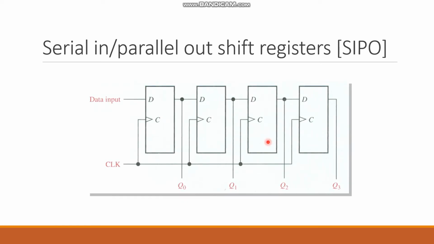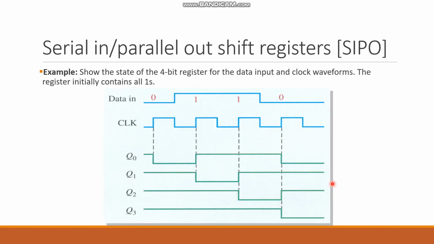As you can see here, the circuit is the same, except we have these lines connected to the output. That means when the data input gets into the flip-flops, first this one and then shifts to that one, shifts to that one, shifts to that one. By the last clock pulse, all of the outputs are going to be available. That means we enter the data bit by bit. However, we could get all of the data simultaneously.